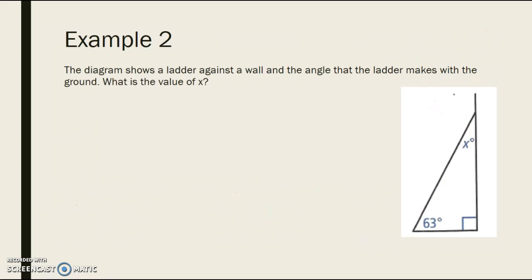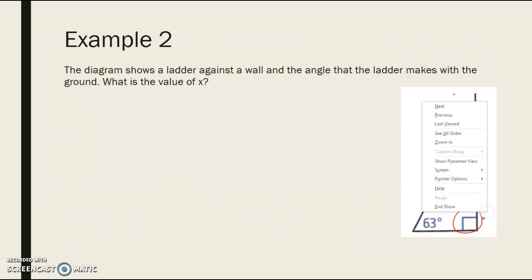So here looking at example 2, the diagram shows a ladder against a wall and the angle that the ladder makes with the ground. What is the value of x? Well, we know that the angles have to add up to 180, but we also have to keep in mind that this square in the corner of this triangle makes this a right triangle, which makes that angle 90 degrees.